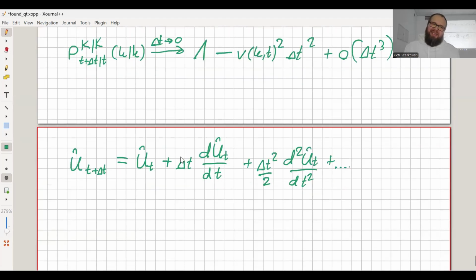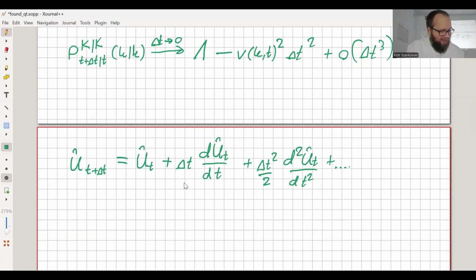Starting from this, there are many techniques that would allow you to narrow down the explicit form of this U_t, which would have to have this regular Taylor expansion.